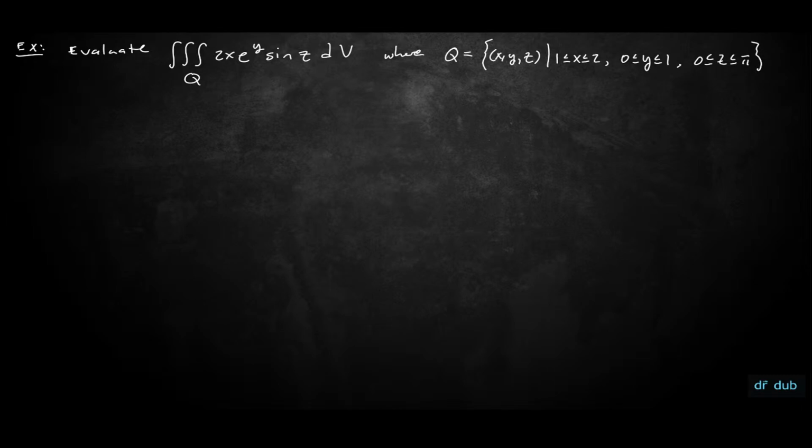So this is the starter because it's just a nice rectangular box. x is between two numbers, y is between two numbers, z is between two numbers. So we have just a nice rectangular box, which is the solid Q.